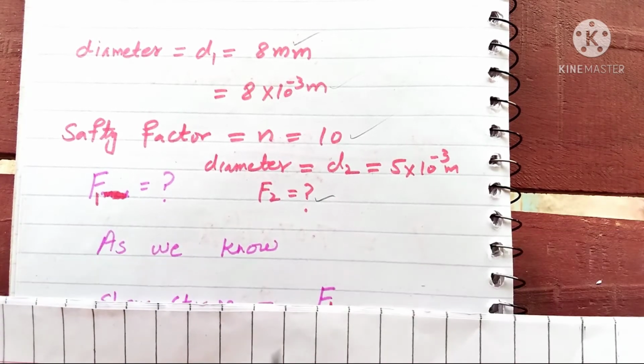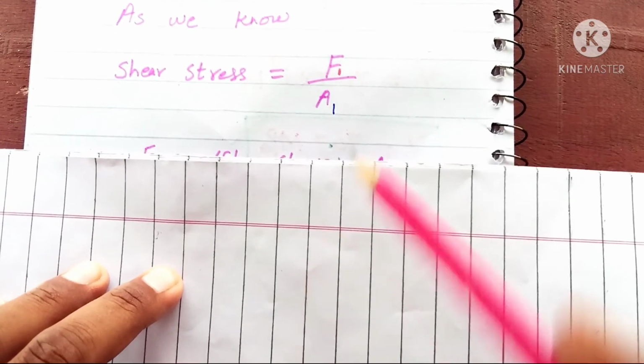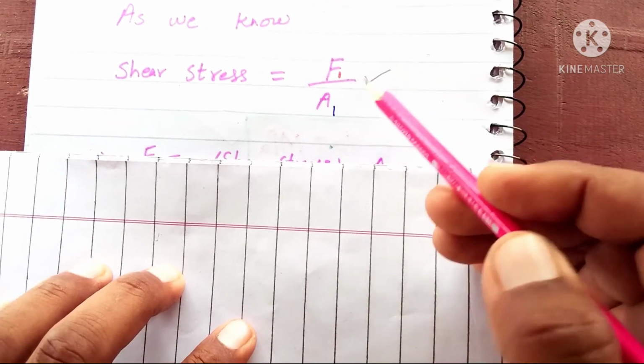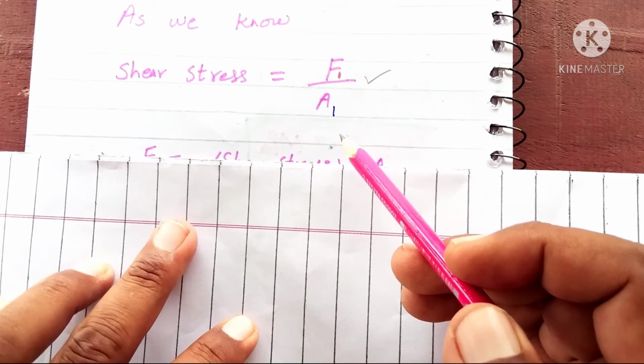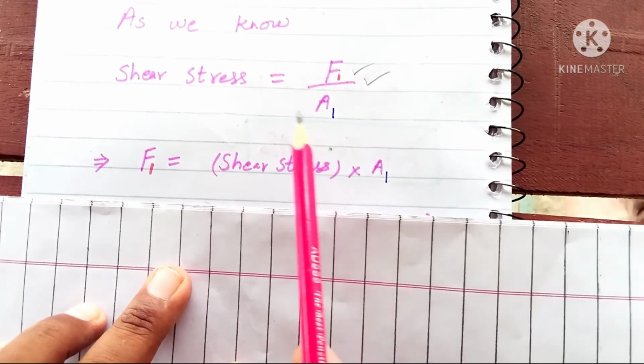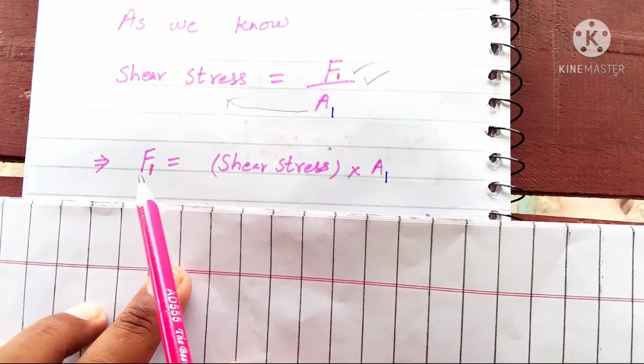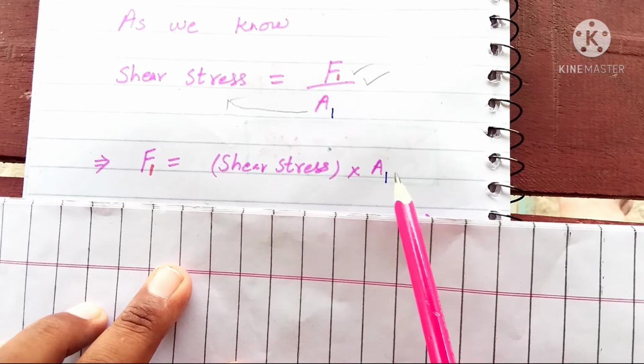As we know, stress is equal to F1 over A1, and we have to find F1. So F1 is equal to shear stress into A1.